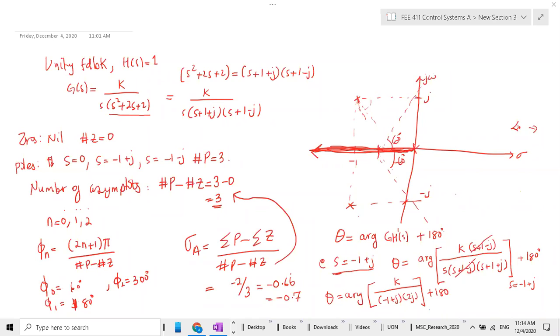What I normally do is set my calculator to complex mode, and then I type in the denominator here, which is minus 1 plus i times 2i. So I get that value, and then get the inverse.